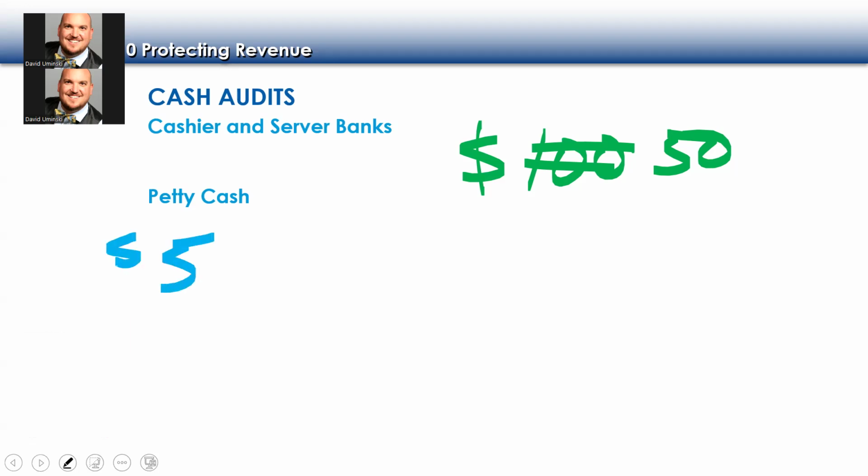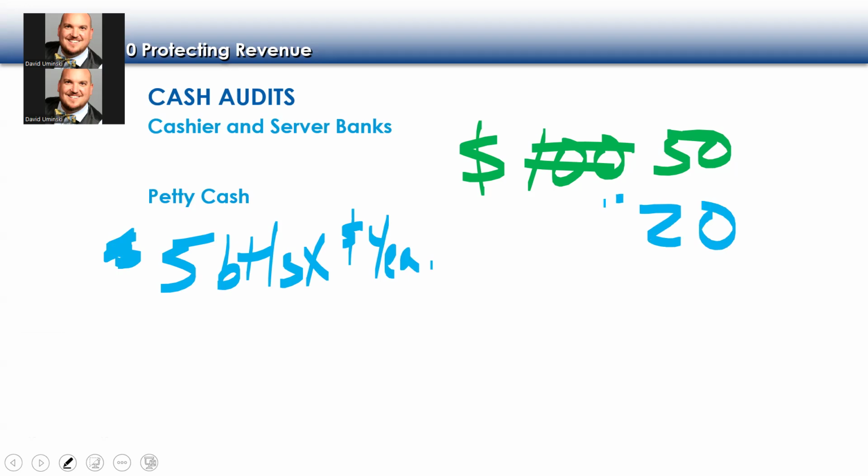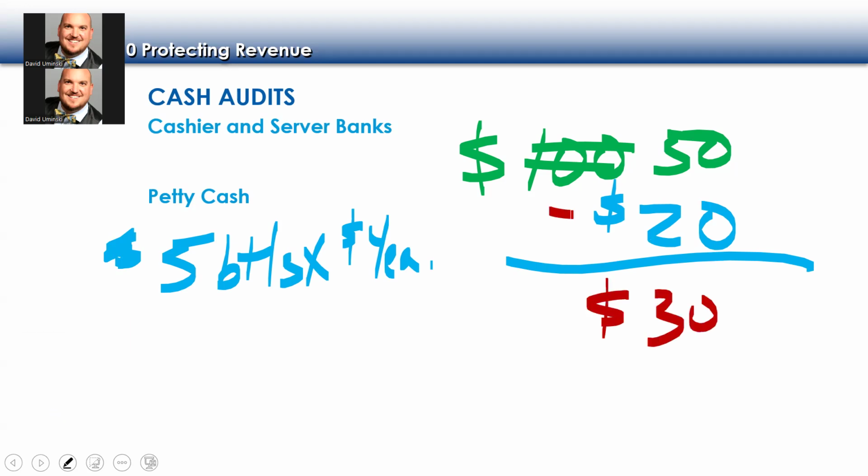So five bottles times $4 each is how much? 20 bucks. Okay. And so Robbie is going to get change of $30.